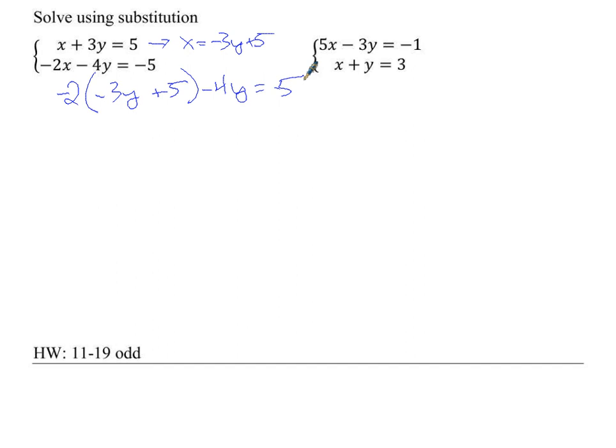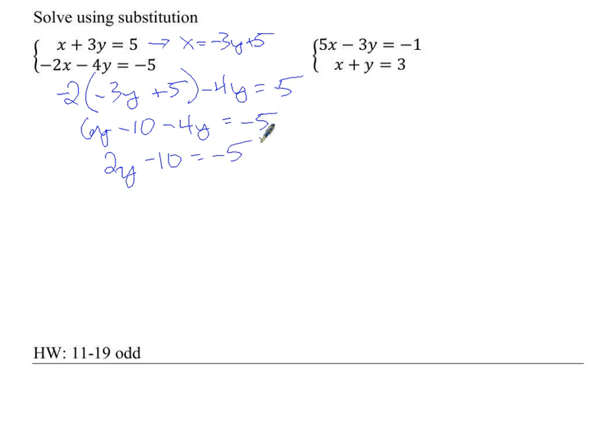Okay, so we get 6y minus 10 minus 4y. Okay, now what? So we get, yeah?